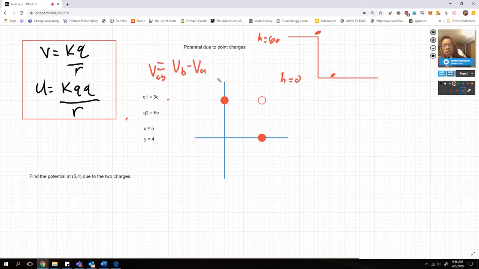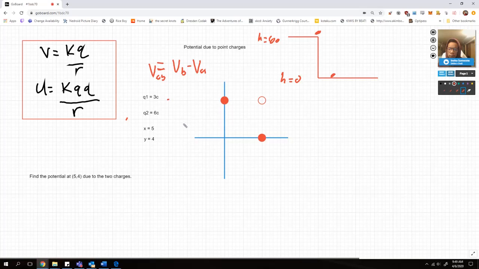Okay, so let's try to solve this problem that I've set up here. We have two charges, Q1, which is 3 coulombs, and Q2, which is 6 coulombs. And I want to find the potential at position (5, 4) due to these two charges. And again, implicitly, the potential at A is set to 0.